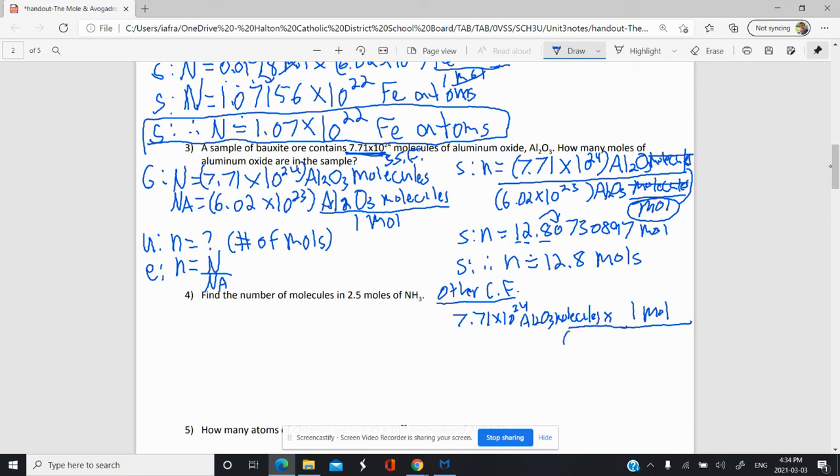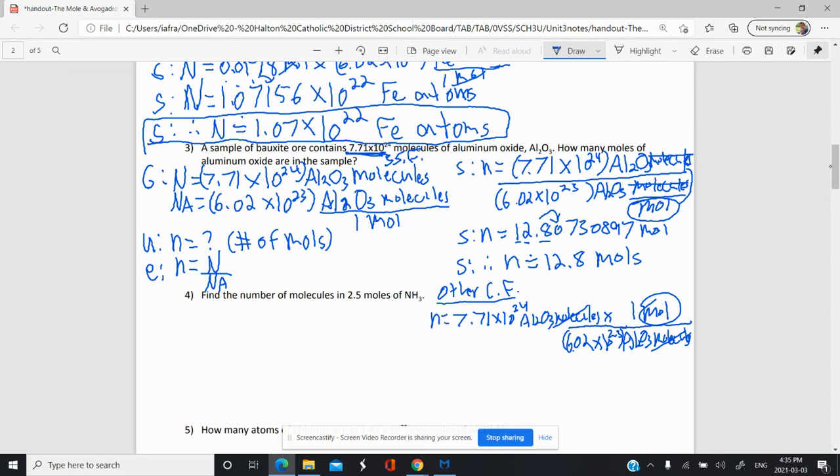So we have 1 mole for that many molecules. And so you'd cross out your molecules and you're left with 1 mole. And in the end, you're still dividing as we did earlier.